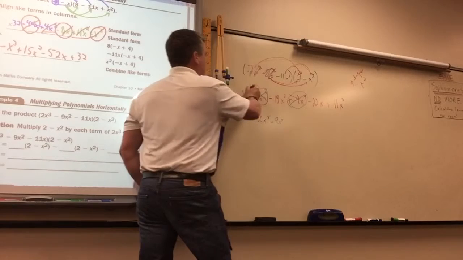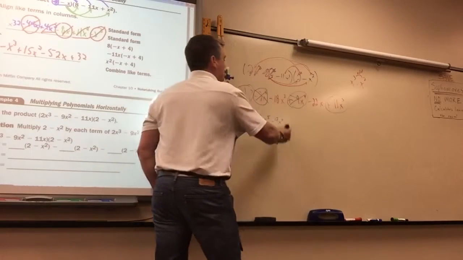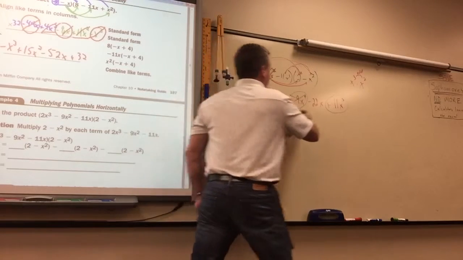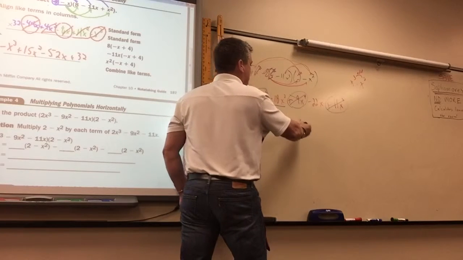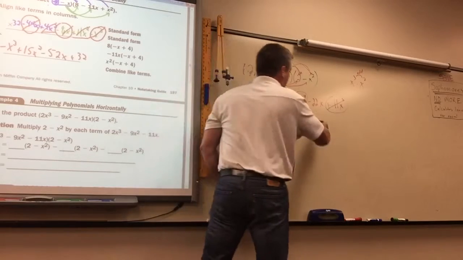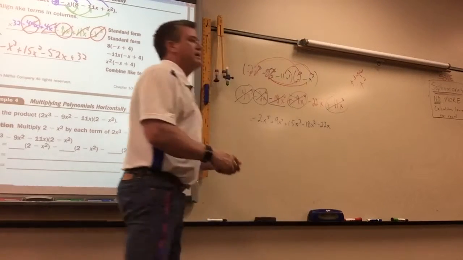Then to the thirds, there's a 4x cubed and a positive 11x cubed, positive 15x cubed. And then the x squareds, there is only one, so you just put it in there, keeping the sign in front of it. And then the last term. So not a lot combined on that one.